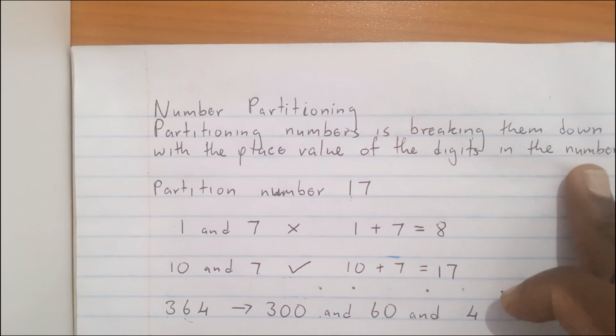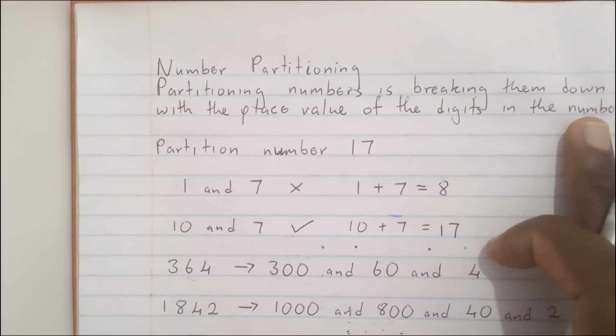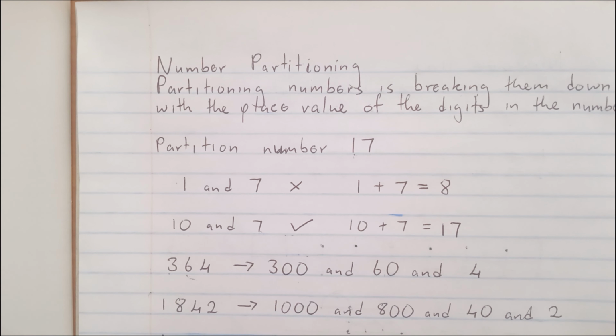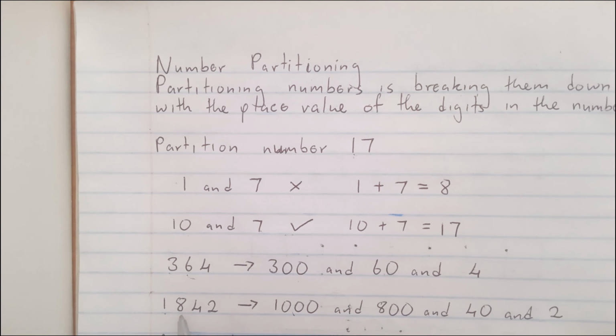Lastly, for a last example, we have 1842. Again, 1 is in the thousands, so it's 1000. 8 is in the hundreds, so 800. 4 is in the tens, so 40, and 2 is in the units, so 2. And this is how we get to partition numbers.